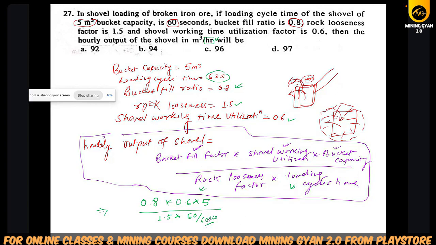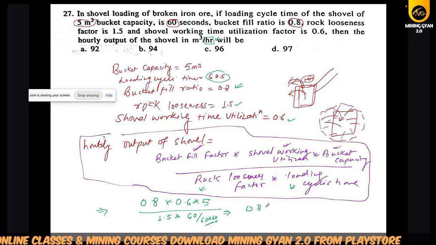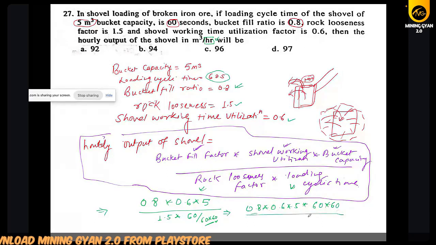So first 60 is for minute, and then multiply by 60 to convert into hour. So 0.8 multiply 0.6 multiply 5 multiply 60 into 60 divided by 1.5 into 60.